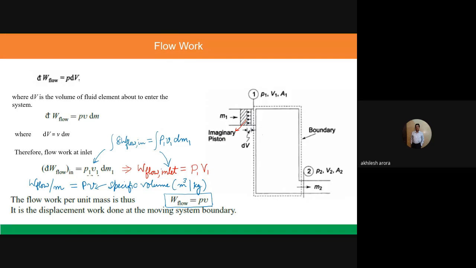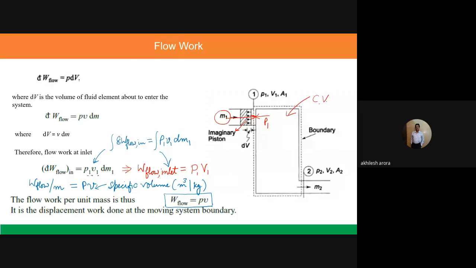There is certainly some fluid which is inside the control volume here. This is the control volume, and the fluid is inside this system also. So it is exerting a pressure P1 here. So if mass M1 of the fluid wants to enter into this, it has to overcome this pressure P1 to go into the control volume actually.